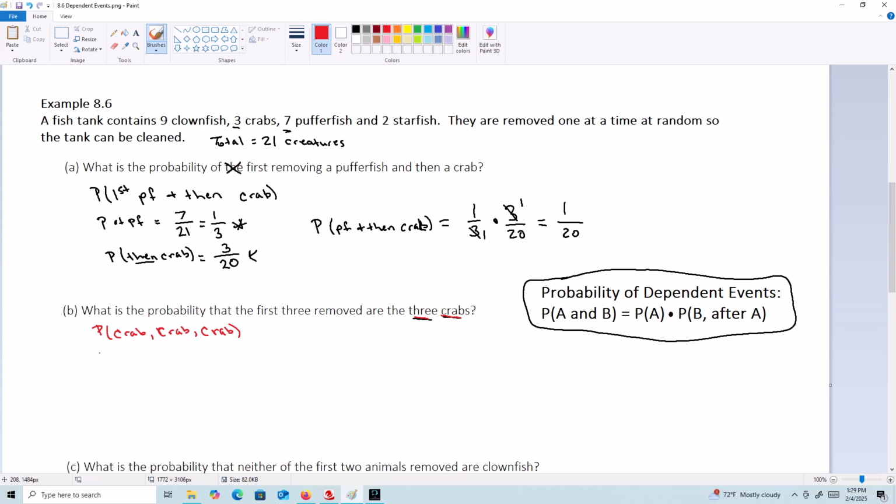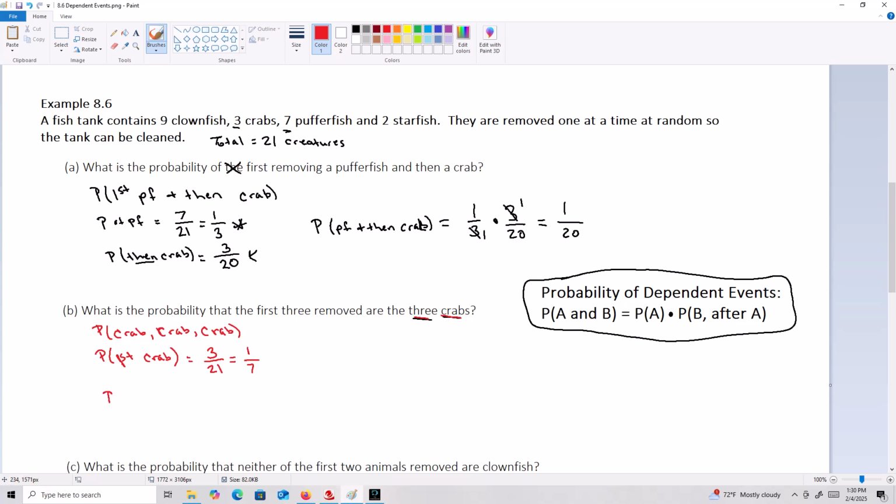Well, the probability of getting the crab the first time, first crab: there are 3 crabs out of a total of 21 creatures. So we'll reduce that to 1/7. 3 goes into 3 once, 3 goes into 21 7 times.